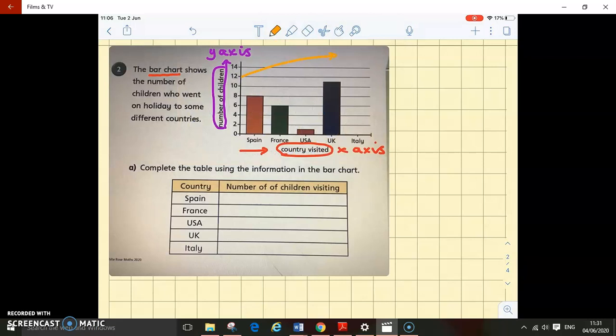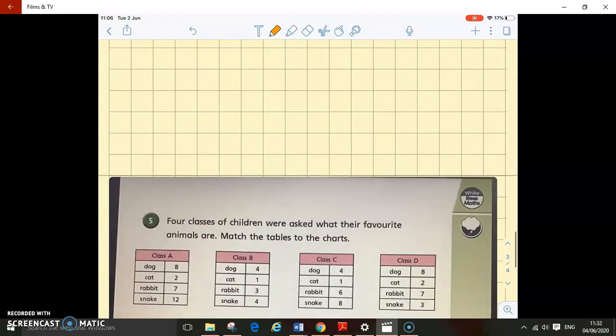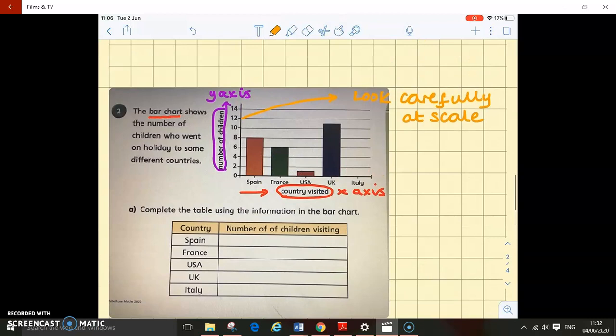We need to look really carefully at the scale here. And I can see that this scale on the y-axis is going up in 2s. All right? So we're going to need to think about that. So it's going up in 2s.